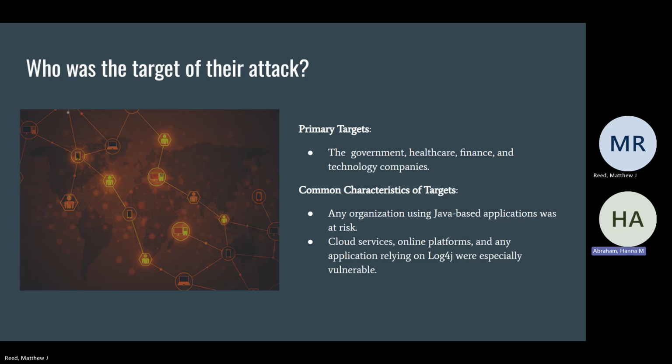The common characteristic of the targets is that any organizations using Java based applications or platforms were at risk. Cloud services, online platforms, and applications that relied on Log4j were especially vulnerable due to their high accessibility and data sensitivity.